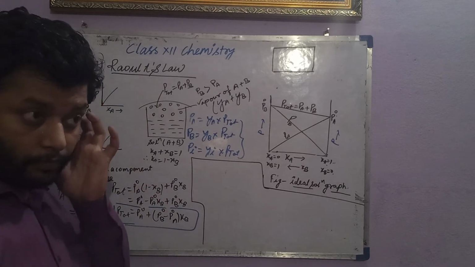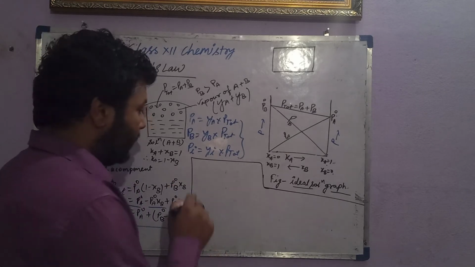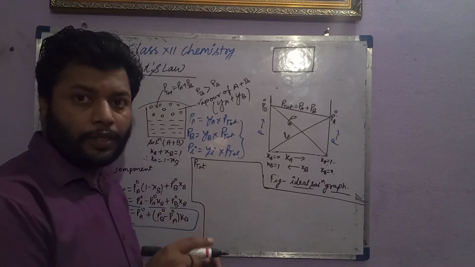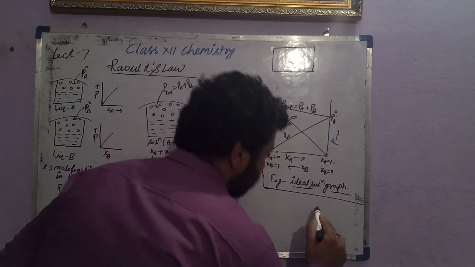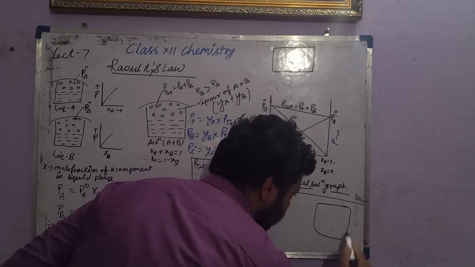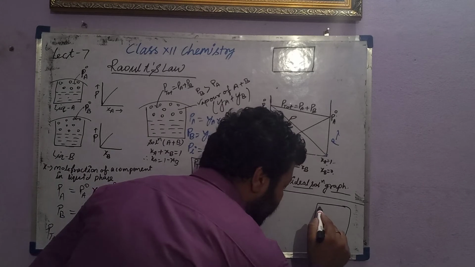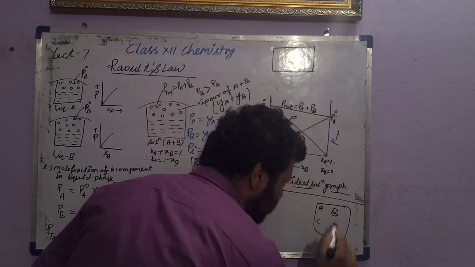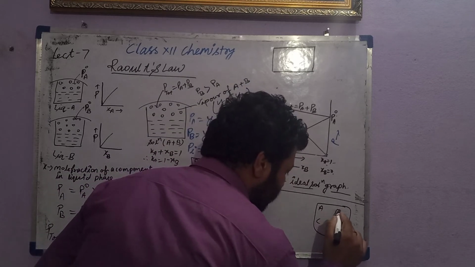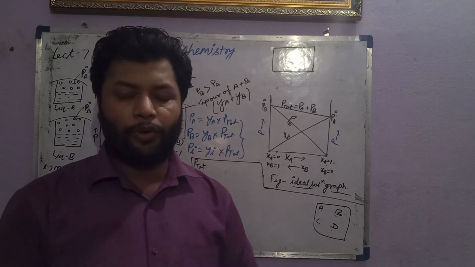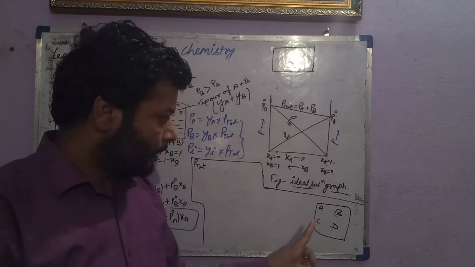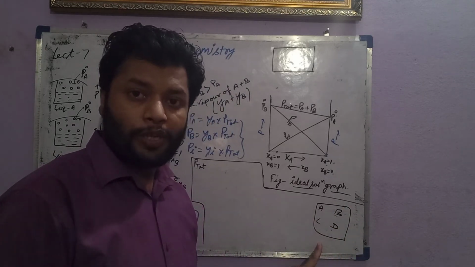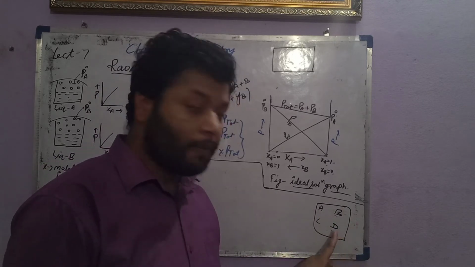According to Dalton's law, the total pressure of any given mixture... suppose there is a container having a mixture of different gases, suppose gas A, gas B, gas C, gas D. Suppose the container has 4 different components, all gases: A, B, C, D. So what will be the total pressure in the container?